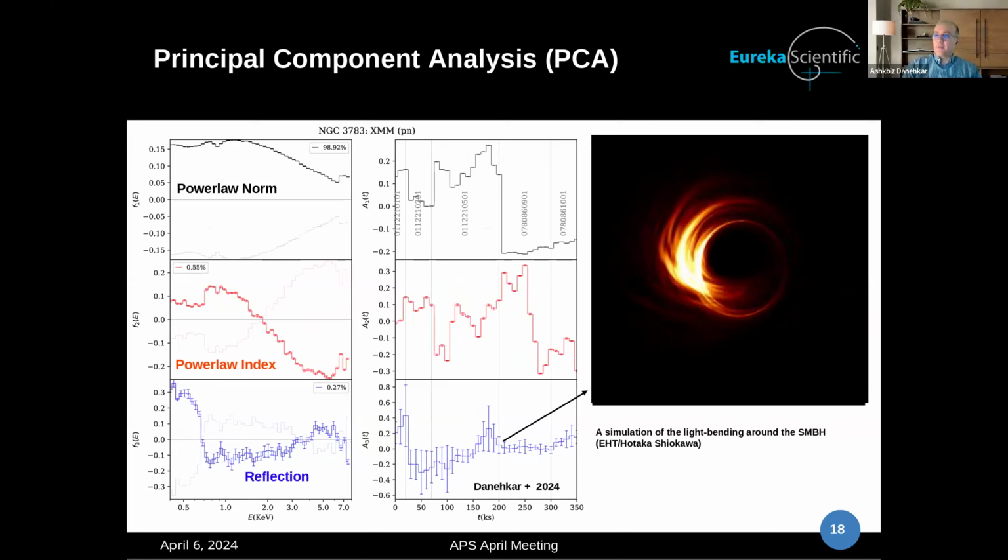This small variability in the reflection emission could be related to light bending near the event horizon. Here is a simulation from the Event Horizon Telescope, and as you see, there is small variability near event horizons.